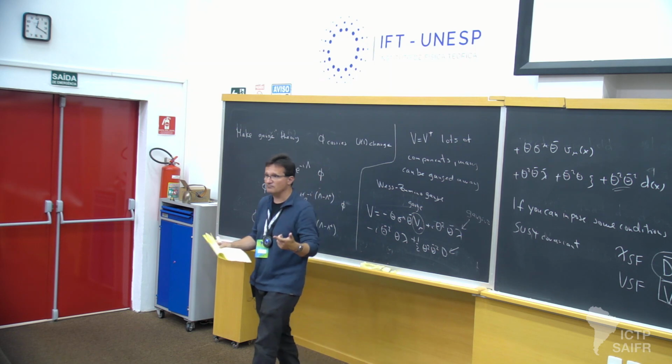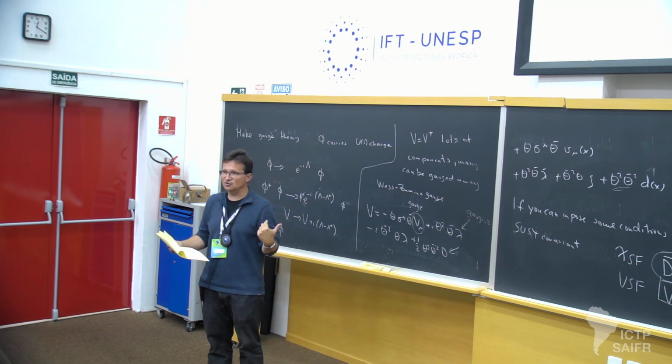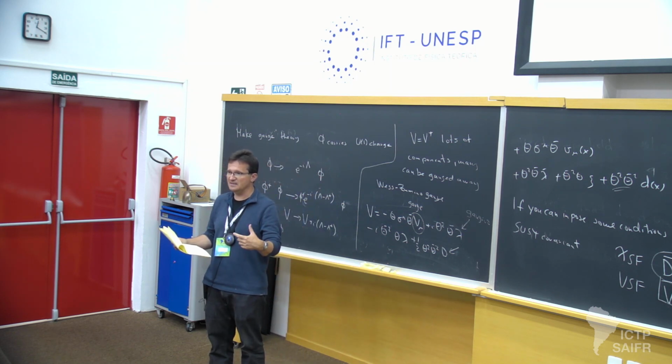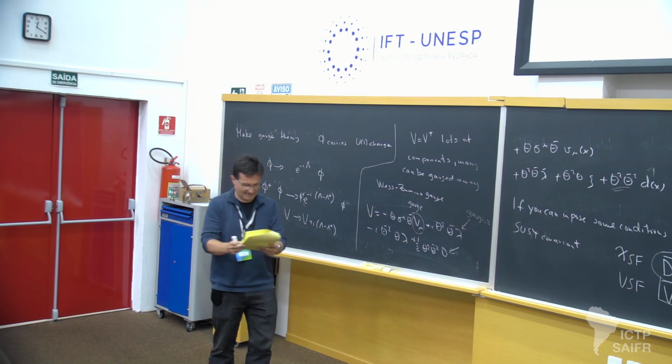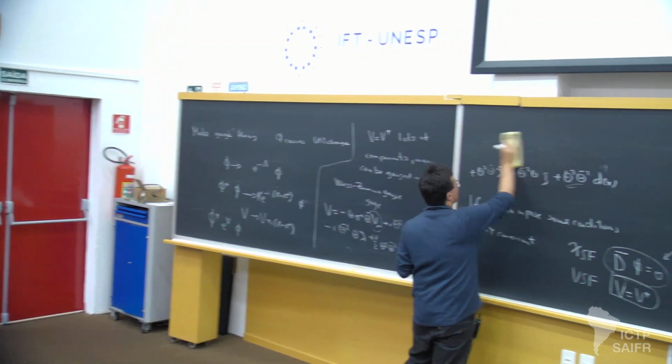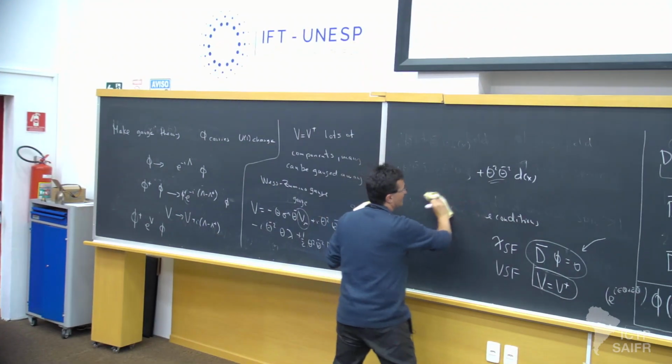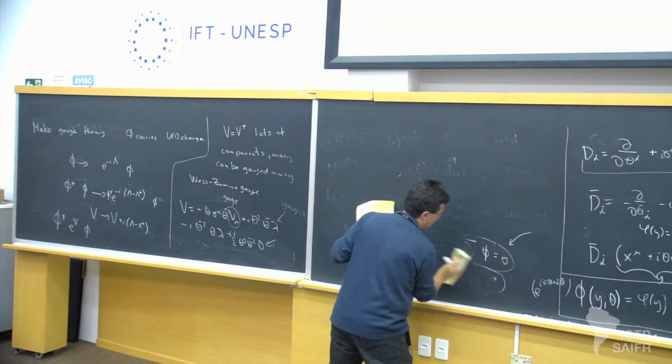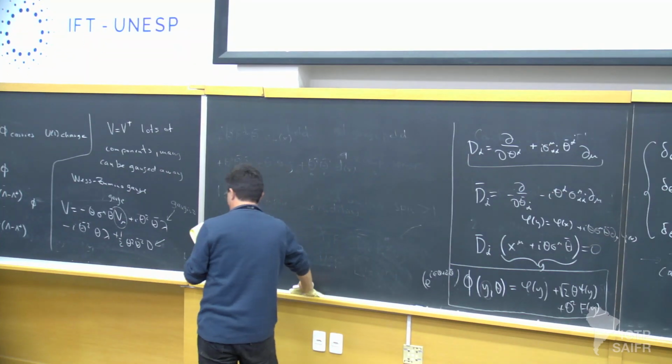There's another form to write the vector superfield which will directly contain the field strengths, and sometimes you will see that. I'm not going to use it very much, but I'll just tell you quickly to be sure that if you ever see that notation, you understand what we are talking about.